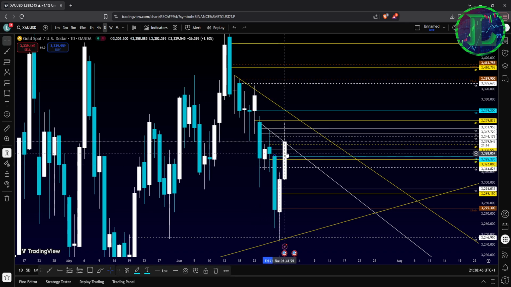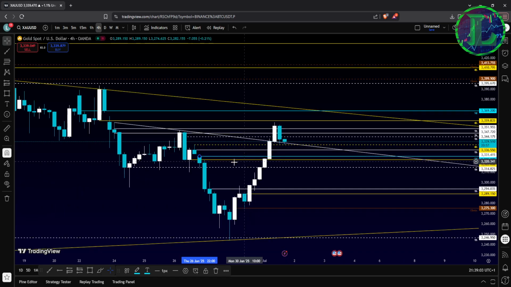Okay, if today we close above the body here, we can turn that into support. It doesn't mean that it's going to test the body of the daily and just break up. Okay, it might go to some greedier levels inside the daily, obviously.